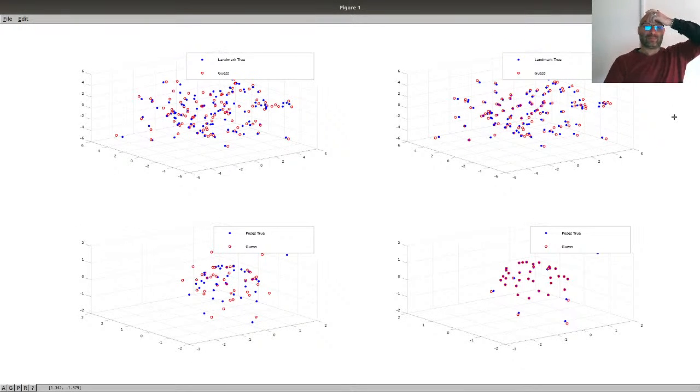Look carefully. The system worked, right? But can you say something if you look at the solution for the landmarks and for the robot poses? You might see that I found a solution, but the solution that I have found, which is the blue one, is a little bit smaller than the other one, because I cannot observe the scale.